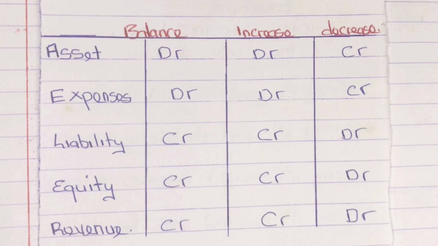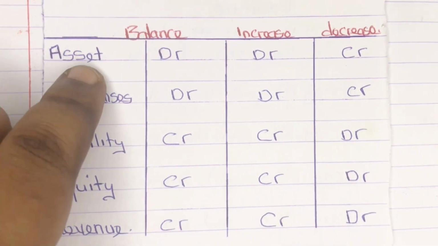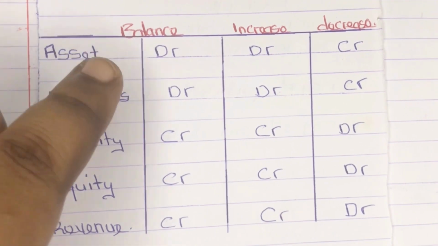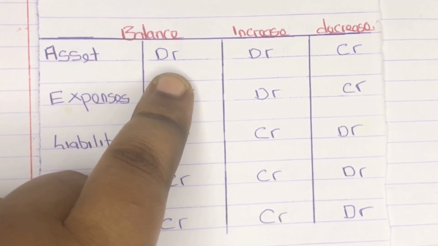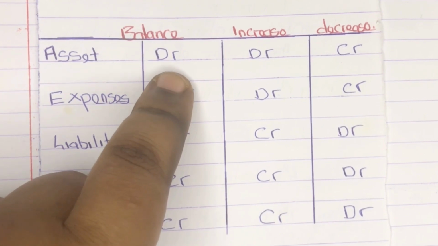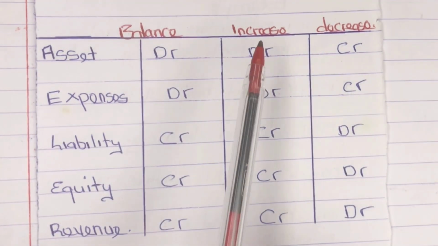Either we will see a transaction that contains an asset account, an expense account, a liability, equity, or revenue. So we are going to be coming across this all the time. So if it is an asset account, assets have a debit balance. So if assets have a debit balance, it means that the account is increasing.